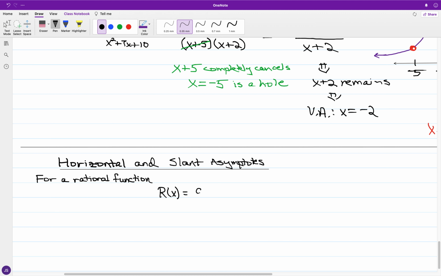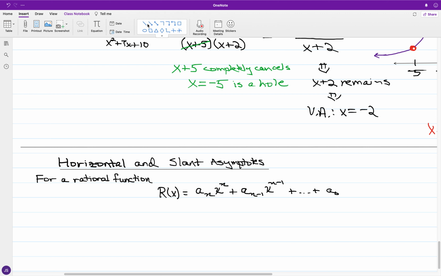So again, we have a fraction on display. Now the numerator will be like what we saw in the past with your a of n times x to the n, and then we have a of n minus 1 times x to the n minus 1, running down to a constant, which we have as a naught.